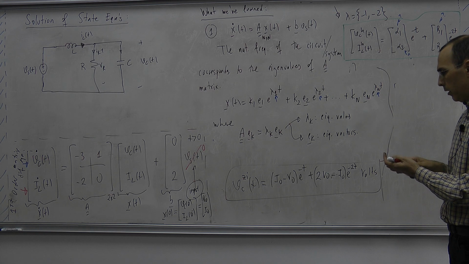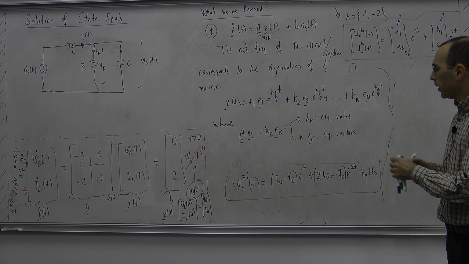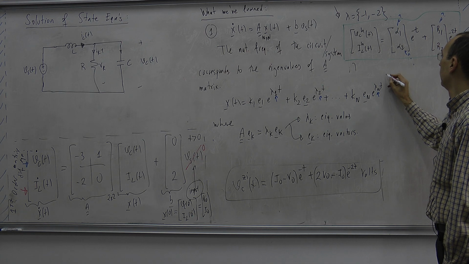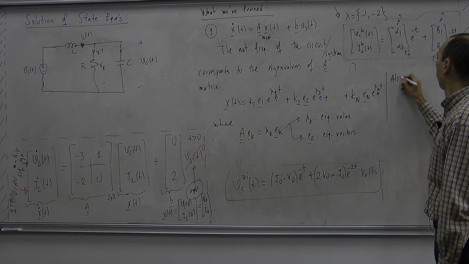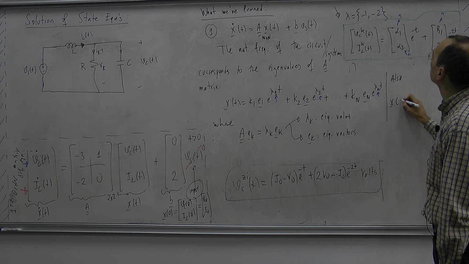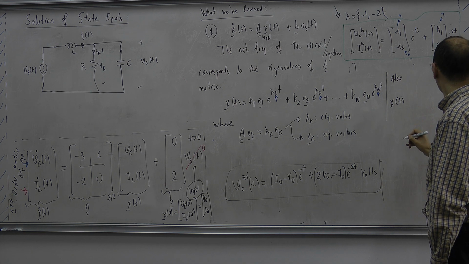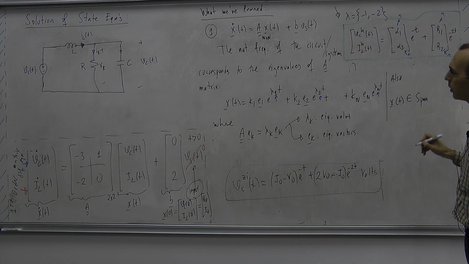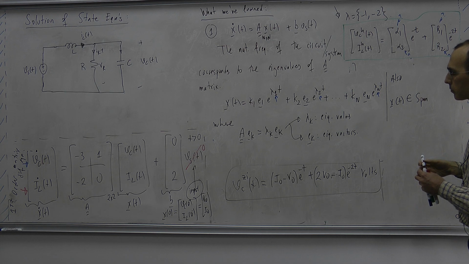Now, how can I write this? Well, I can write this also, again, let's refresh our linear algebra skills. Also, I can say the following: x of t is an element of, let me write like that, span of, but how can I write? I don't have enough space.